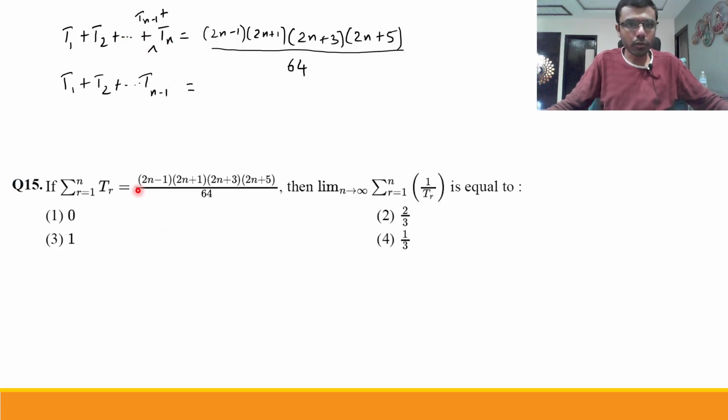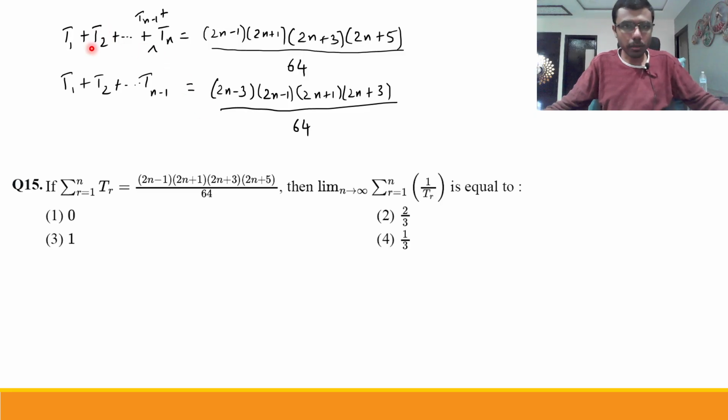So in the RHS, put n minus 1 in place of n. So 2 into (n minus 1) minus 1 would be 2n minus 3. Then 2 into (n minus 1) plus 1 would be 2n minus 2 plus 1, which is 2n minus 1, and the next one would be 2n plus 1, and the next one would be 2n plus 3, by 64.